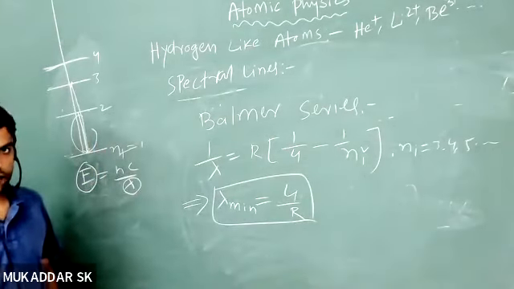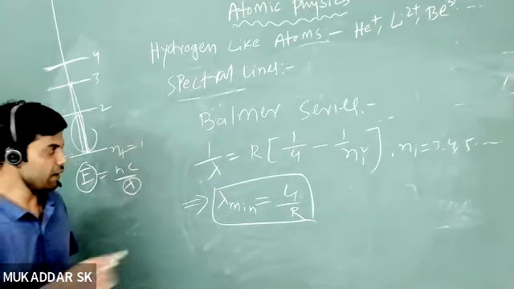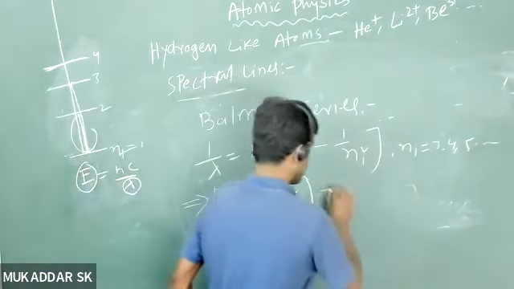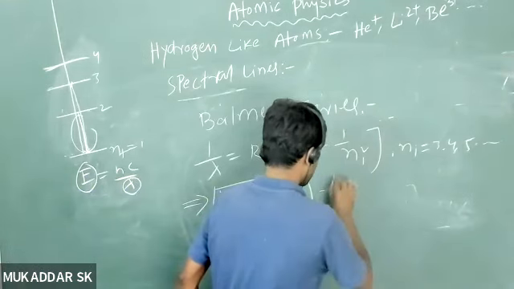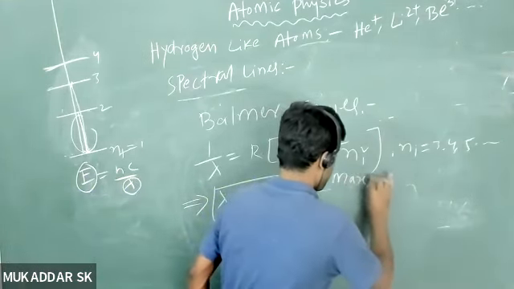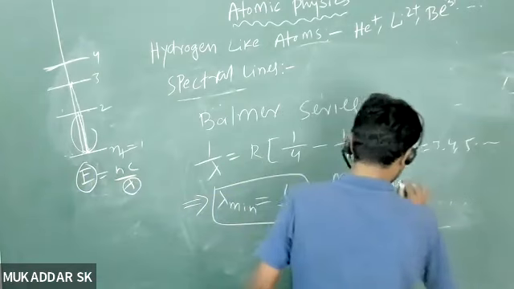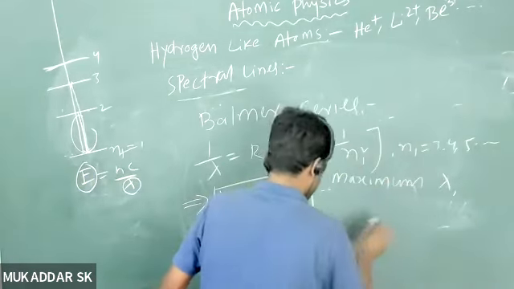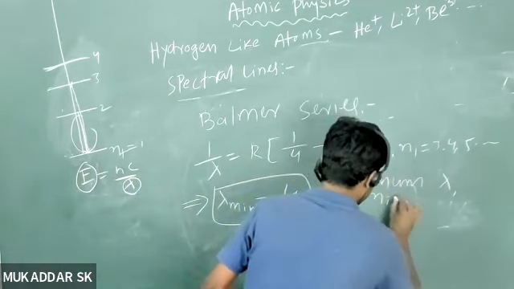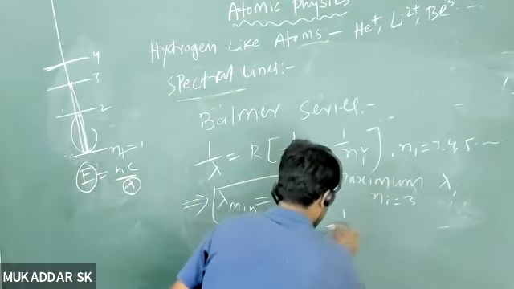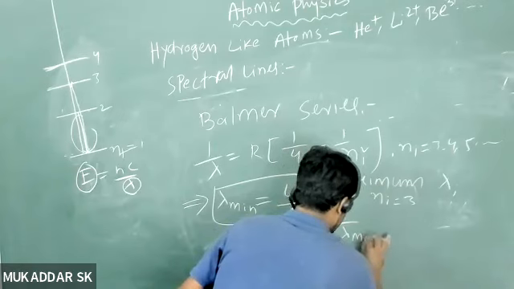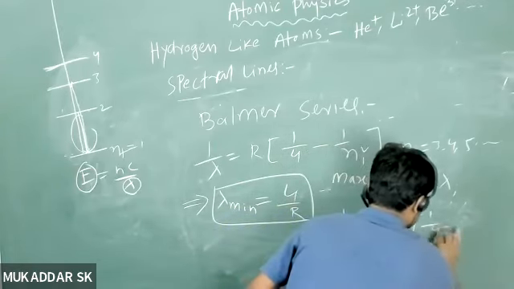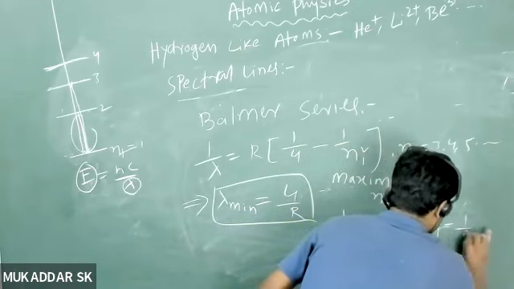So what will the maximum wavelength be now? You are correct, that is Ni equals 3. Can you people calculate the maximum wavelength? For this you have to keep Ni equals 3. So 1 by lambda max equals R times 1 by 4 minus 1 by 9.